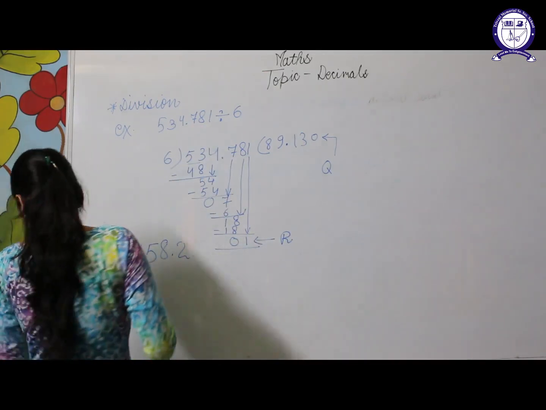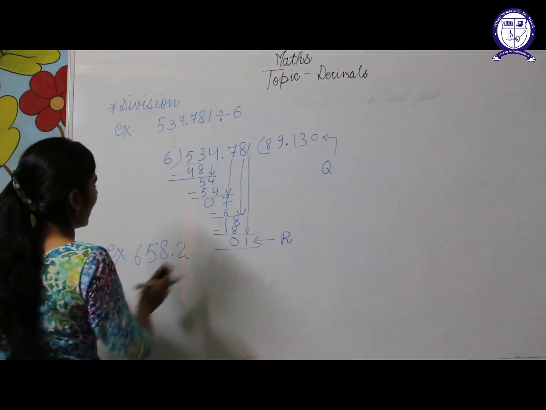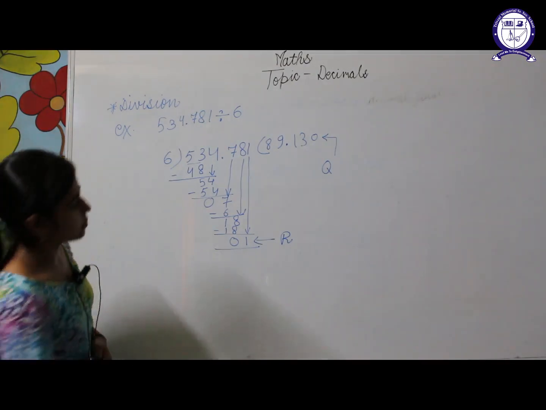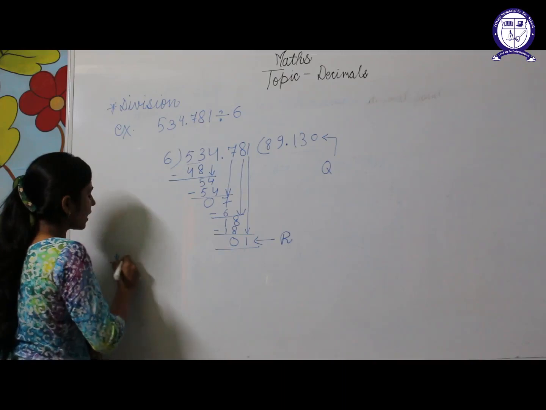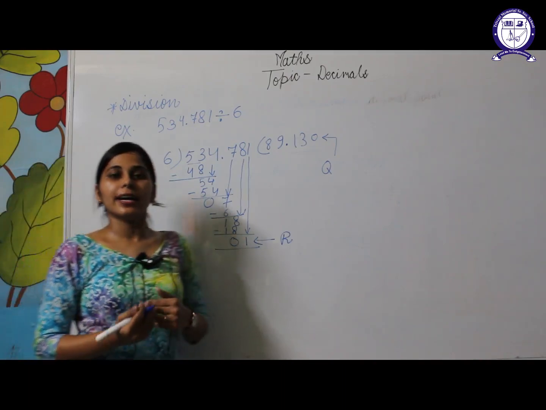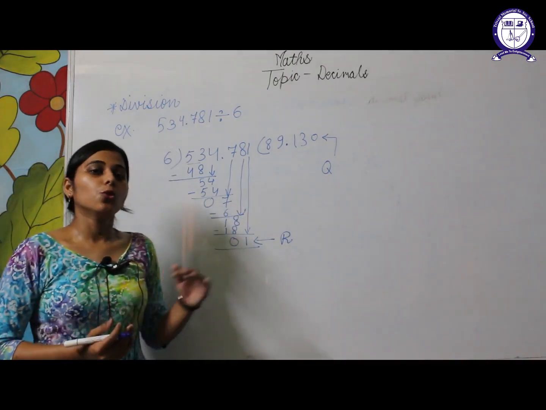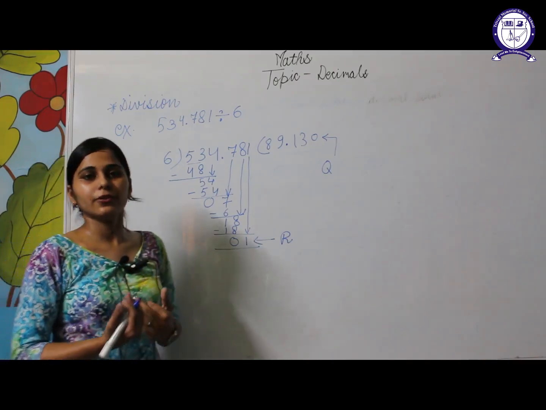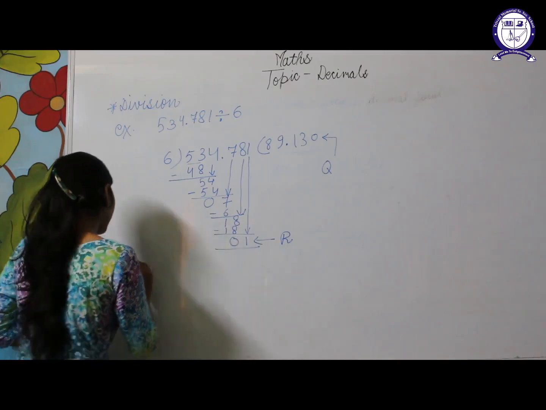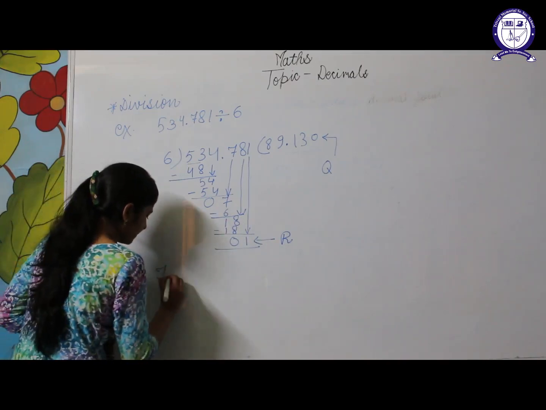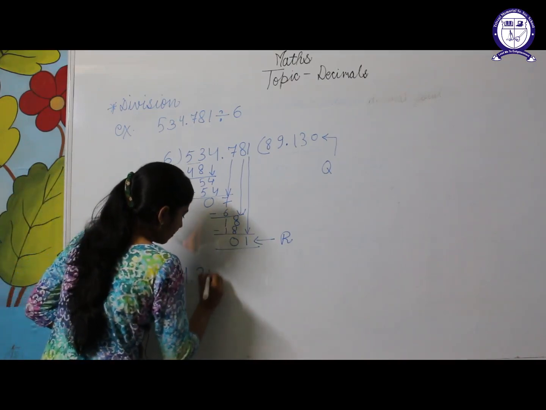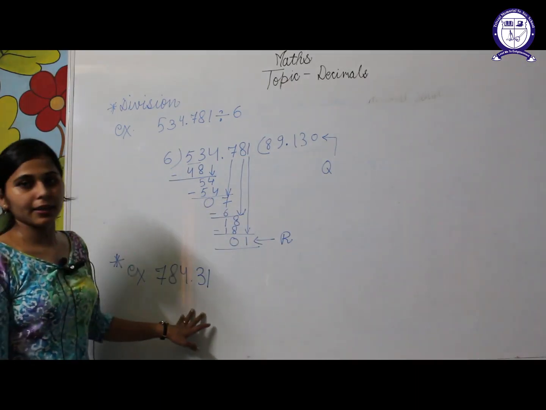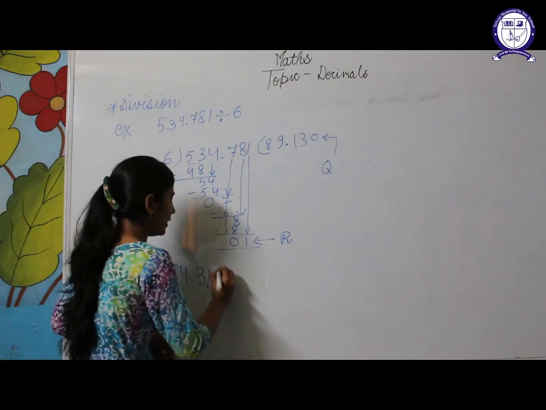And in dividing a number by 10, 100 or 1000, students, you have to take care that while dividing the number by 10, the point will shift towards the left. Here we take an example: we will divide 784.31 by 10.